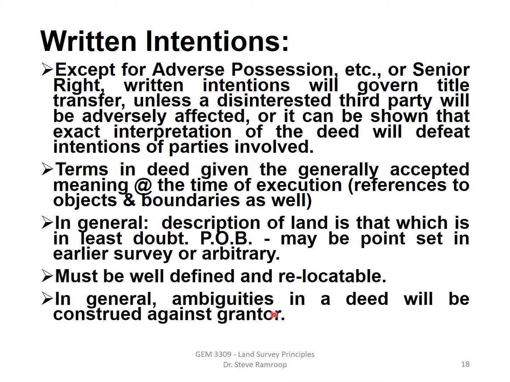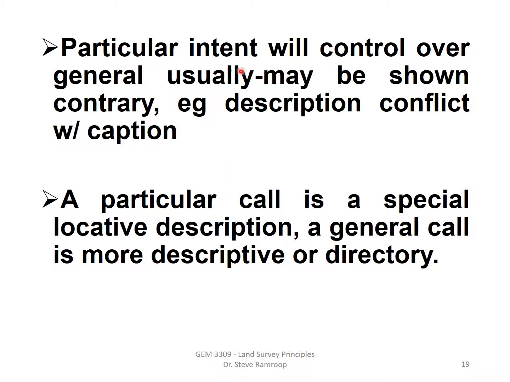In general, ambiguities in a deed will be held against the grantor. Particular intent will control over general intent, usually because particular intent is more focused as opposed to general intent, unless proven otherwise.